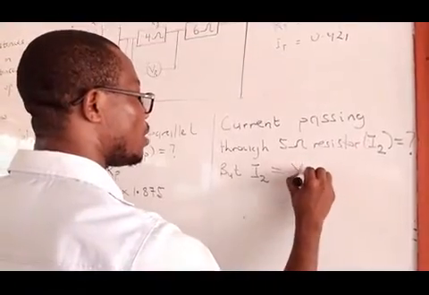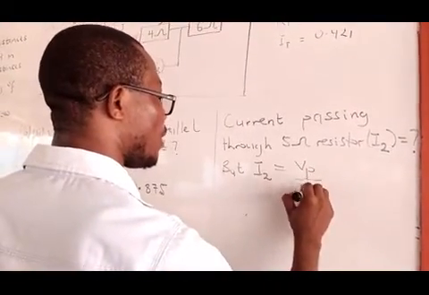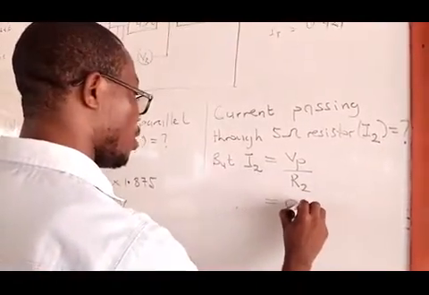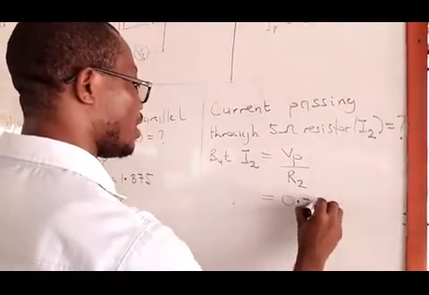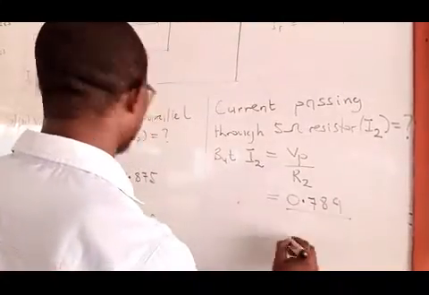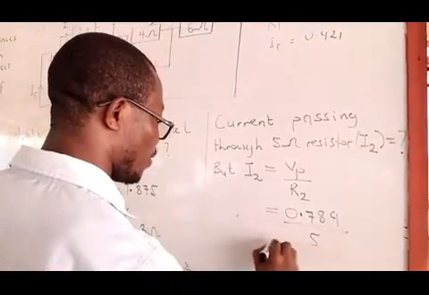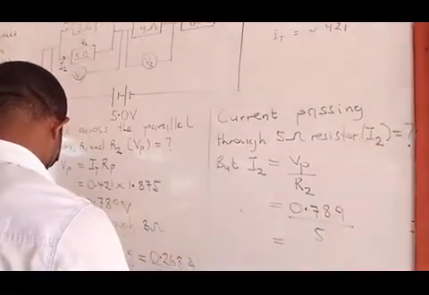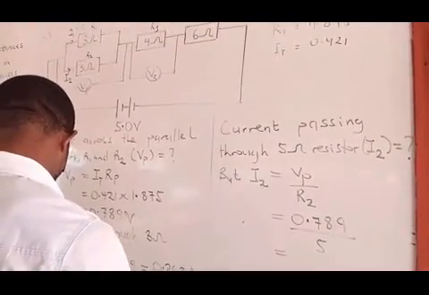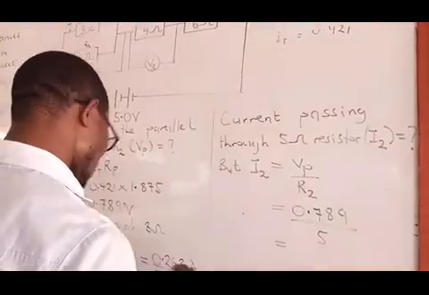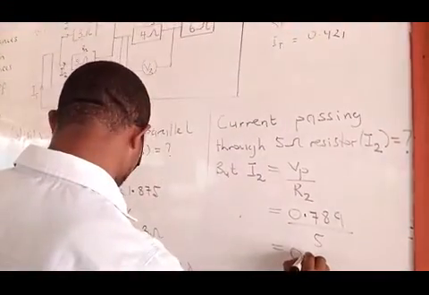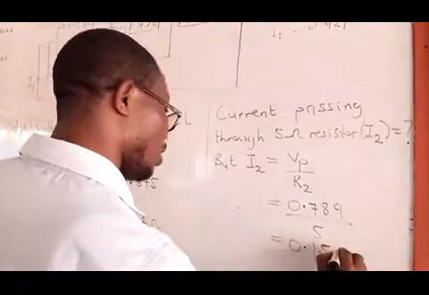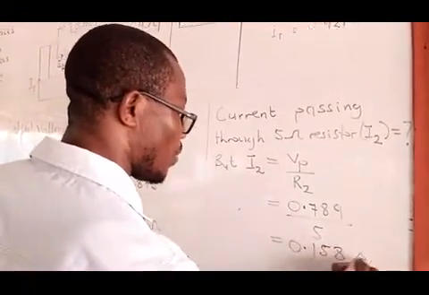So VP over R2. Our VP is 0.789 over R2, which is 5. And that gives 0.158 amperes.